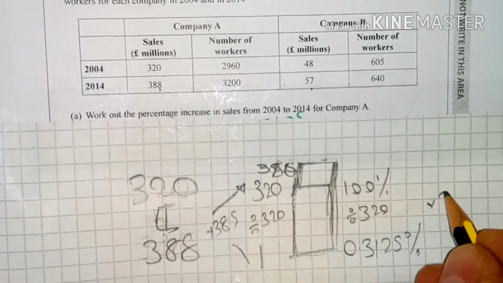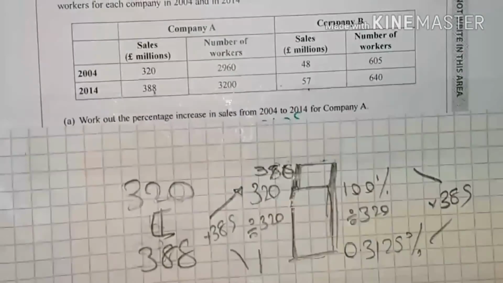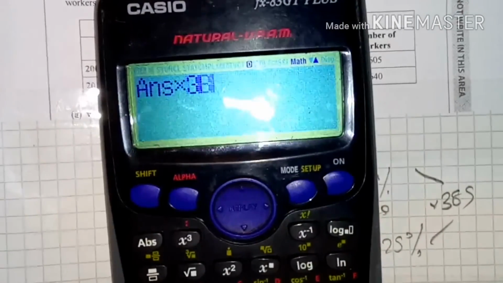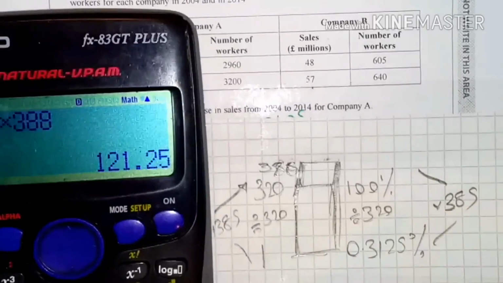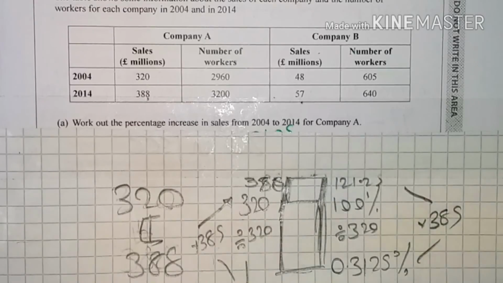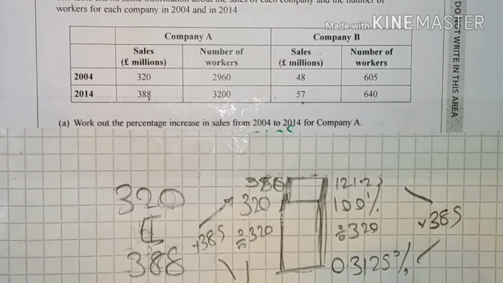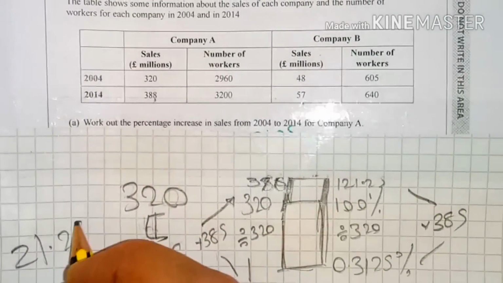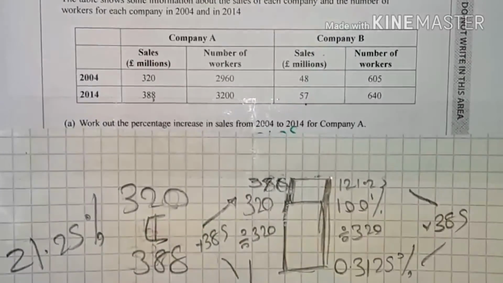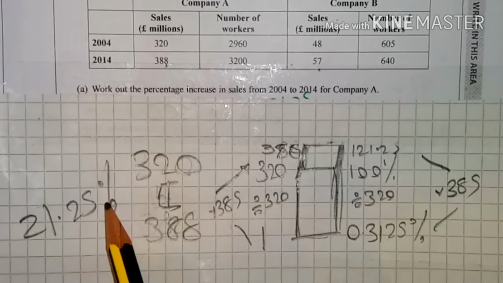This side I've got to times by 388 too. That's 121.25. But my answer isn't 121.25, because my change is actually 21.25%. So that's my change, a 21.25% increase.